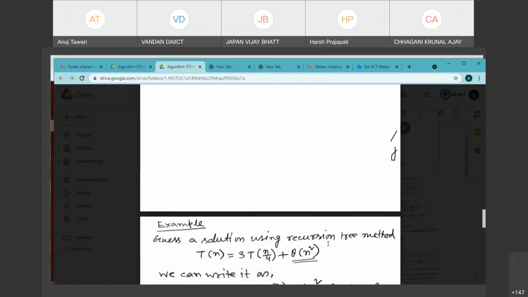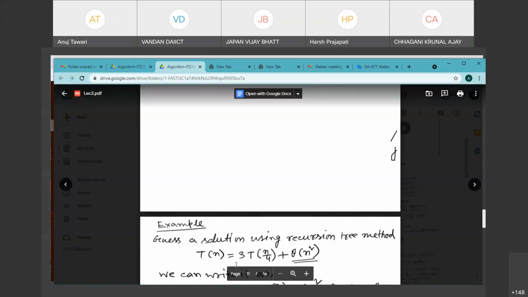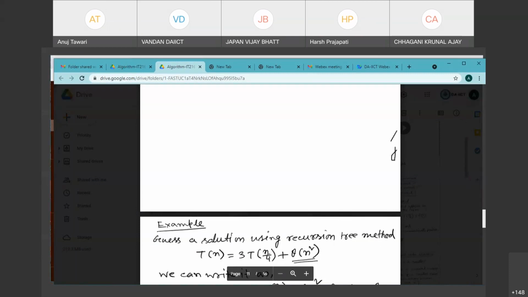Okay, so now we'll solve this recurrence using the recursion tree method. Let's say I give you this recurrence T(n) equal to 3T(n/4) plus theta of n square. So how will you solve it using the recursion tree method?